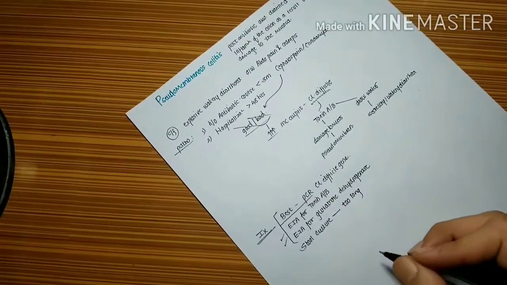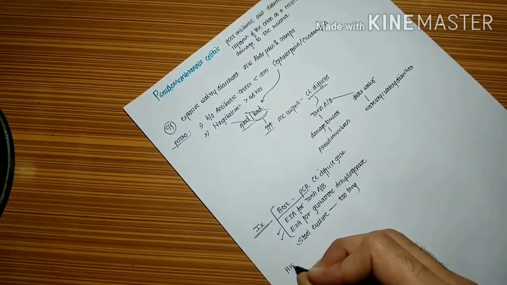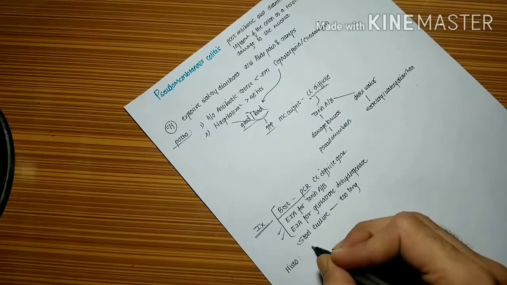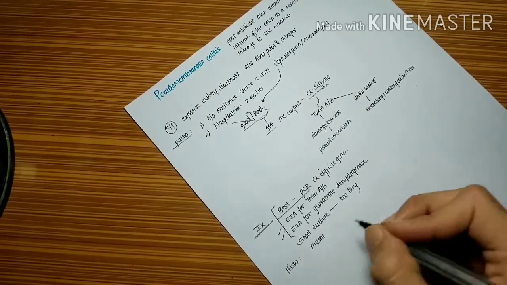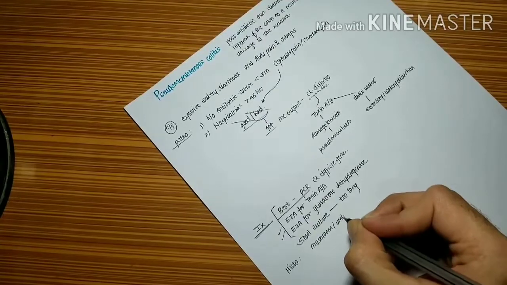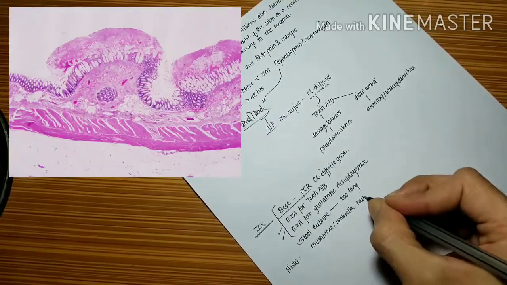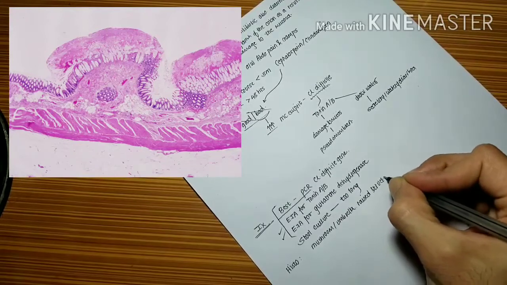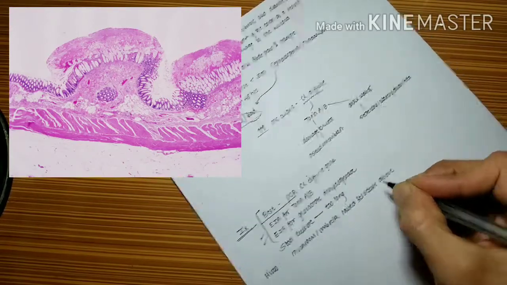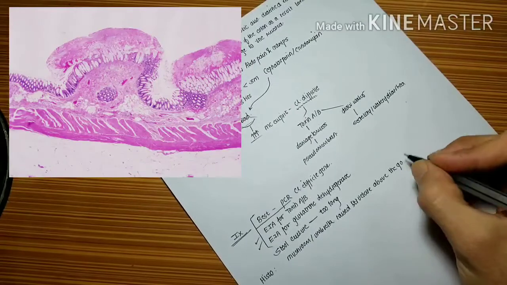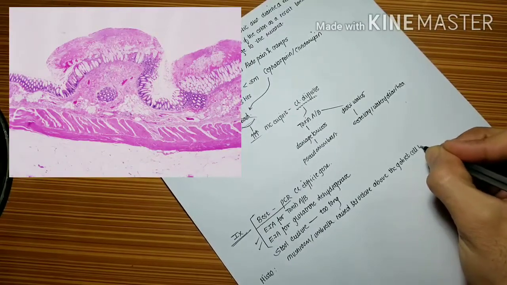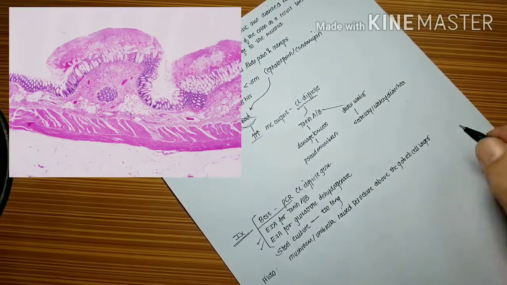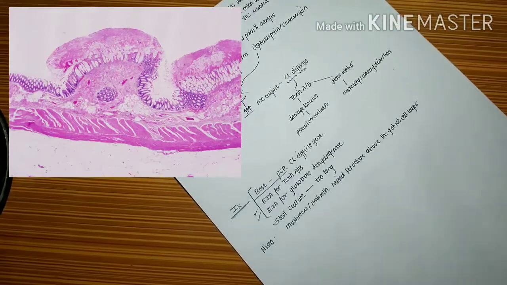Okay, now after this, the histological picture of the mucosa would be mushroom or umbrella shaped raised structures above the goblet cell layer of the intestine.